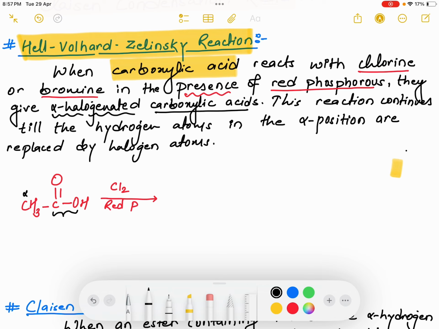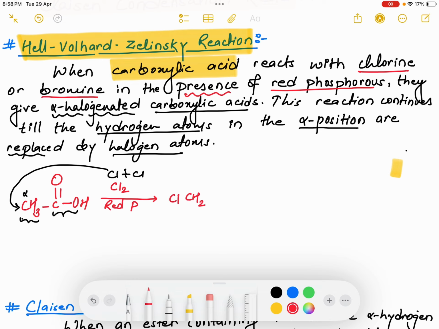This reaction continues till hydrogen atoms at the alpha position are replaced by halogen atoms. ये क्या बोल रहा है कि ये रिएक्शन तब तक होता है जब तक अल्फा पोजीशन के कार्बन के सारे हाइड्रोजन को रिप्लेस ना कर दे कौन, हेलोजन. ठीक है, बोलने की मतलब अगर मैं यहाँ से एक हाइड्रोजन कम करूँ इस वाले कार्बन से और उसके बदले क्या लाए हम, ये क्लोरीन बॉन्ड ब्रेक करेगा ऐसे, and this will come and attach to this carbon, and the compound will look something like this: CH2Cl, and here it will be C double bond O, OH.